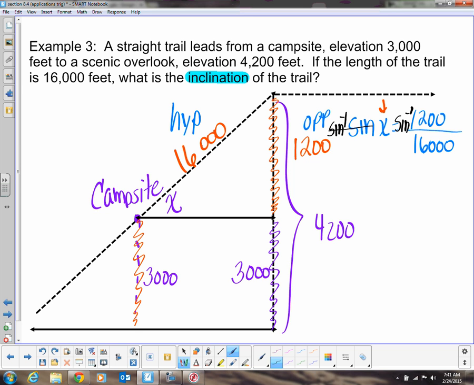Sine inverse of sine is x. So now I need to know what sine inverse of 1,200 divided by 16,000 is. Calculator users? 1,200 divided by 16,000. Say that again? 4.30. Okay, so that is our angle of inclination, also known as angle of elevation.